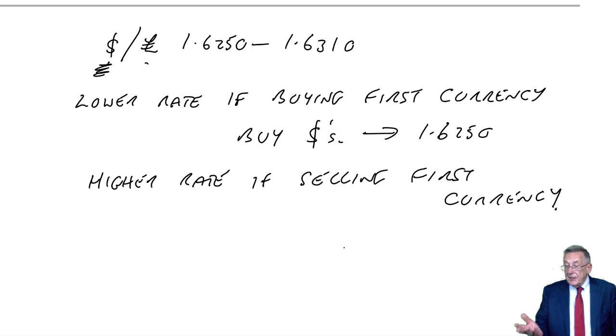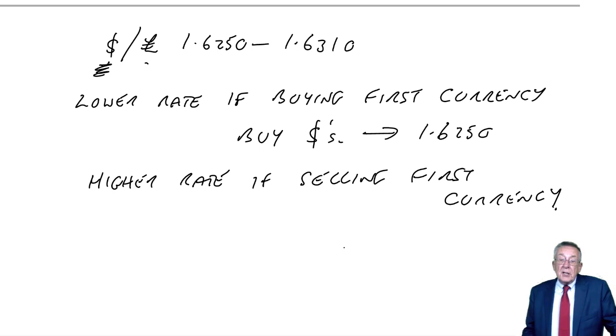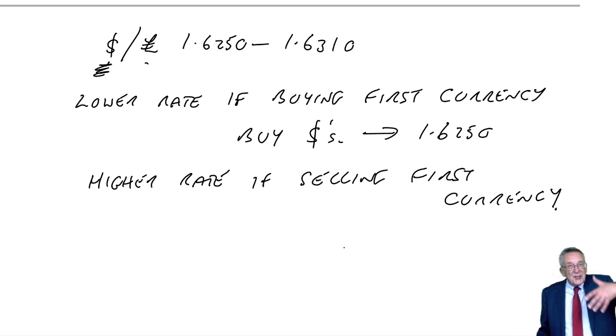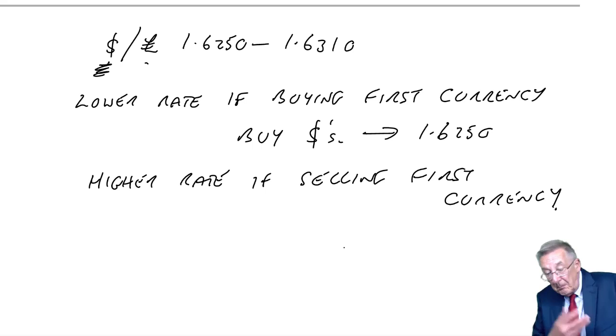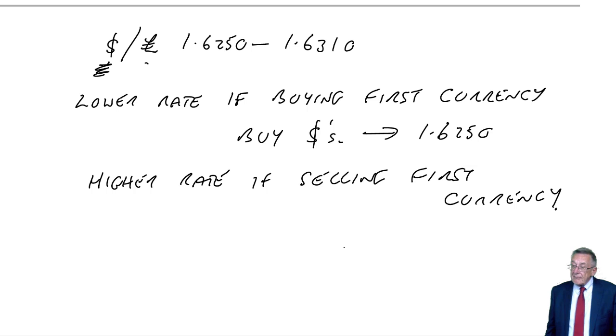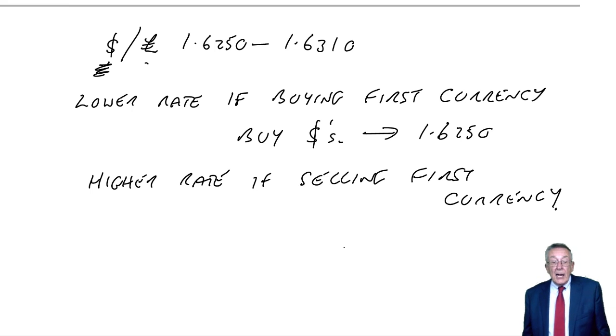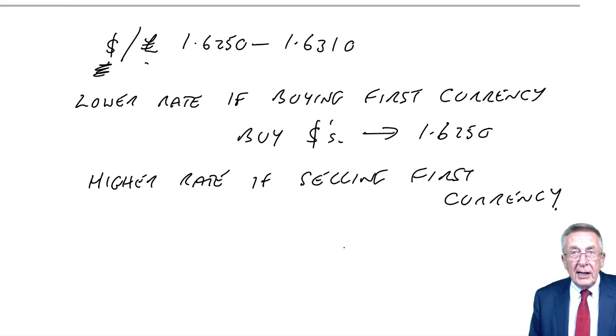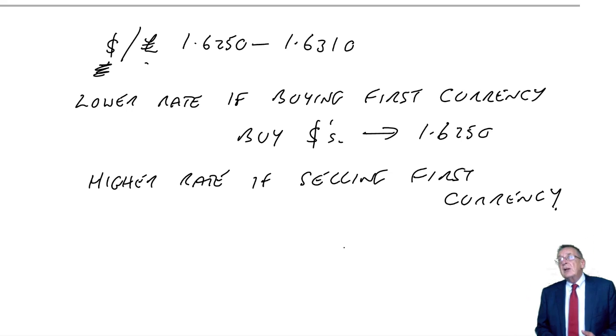Now, start again. If we want to convert dollars into pounds, so we're selling dollars to the bank or buying pounds, if we're selling dollars, then we'll use the higher rate. We'd use 1.6310. Now, I'll, in a sense, prove to you why in a second. But some people get awfully confused. They talk about the bank's buy rate, the bank's sell rate.